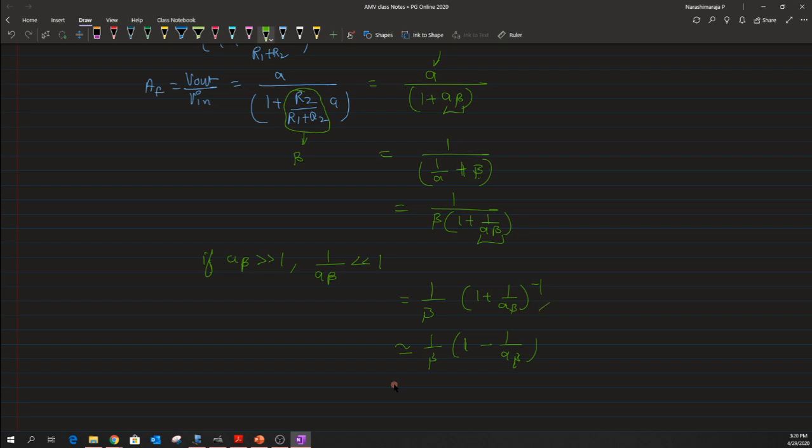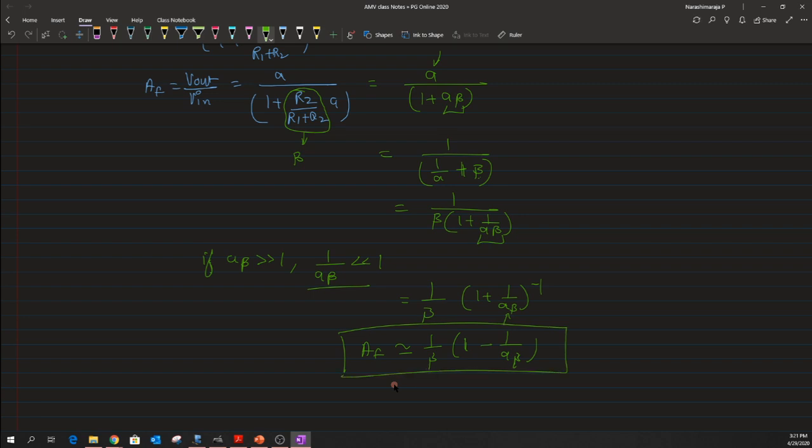I have considered only the first term of this particular expansion, and neglected all of the higher order terms, because the factor of 1 upon A beta is already much smaller than 1, and one could neglect the higher order terms of this expansion. Due to which we end up having the feedback amplifier gain defined something like this.